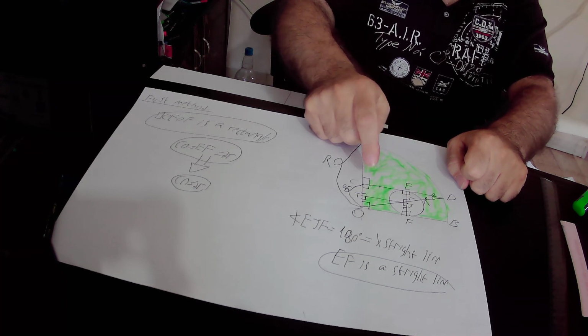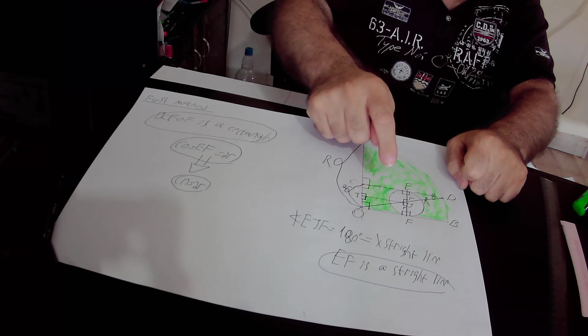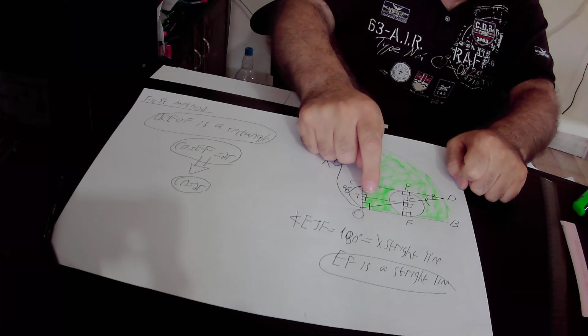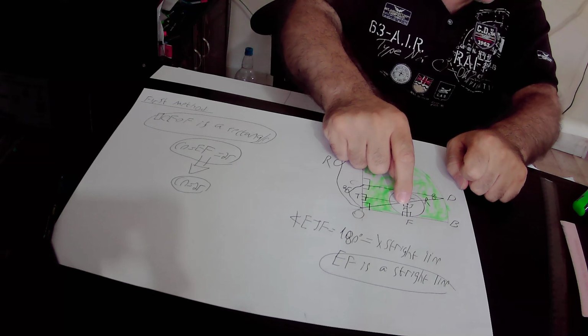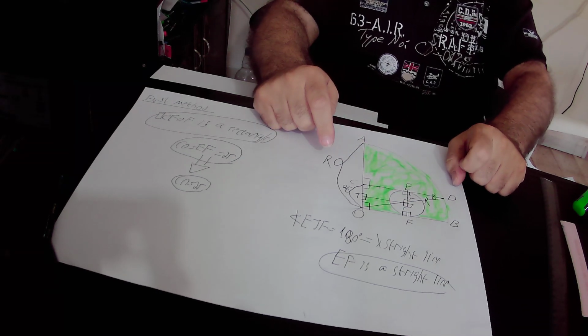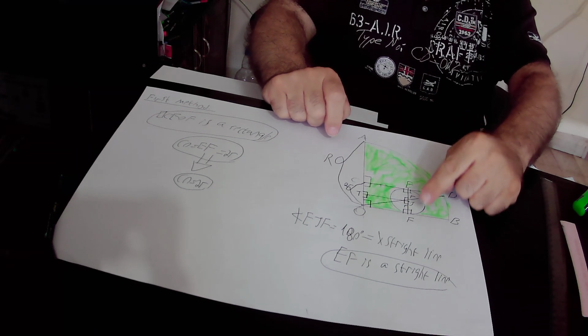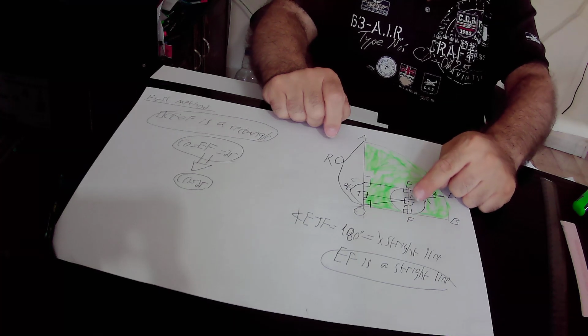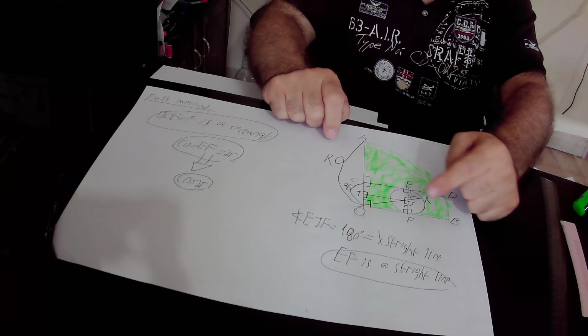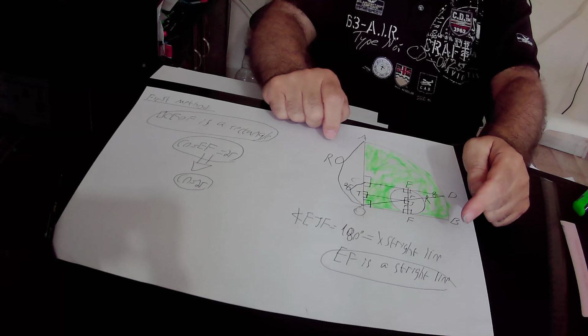In quadrilateral TJOF we have 1, 2, 3 right angles, therefore the fourth angle must also be equal to 90 degrees. So angle EJF equals 90 degrees plus 90 degrees, that is 180 degrees. Therefore angle EJF is a straight line.